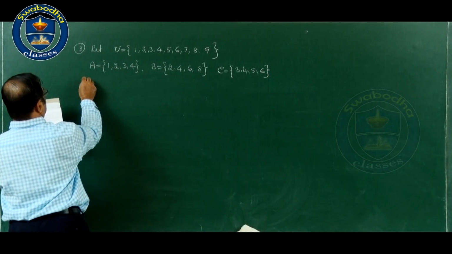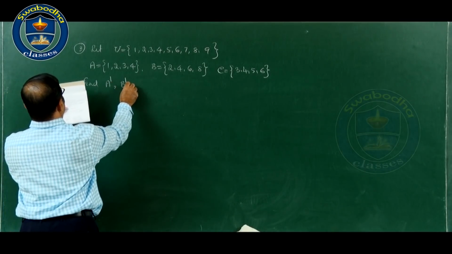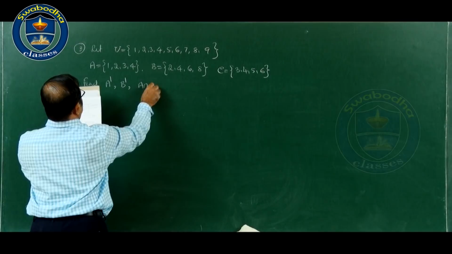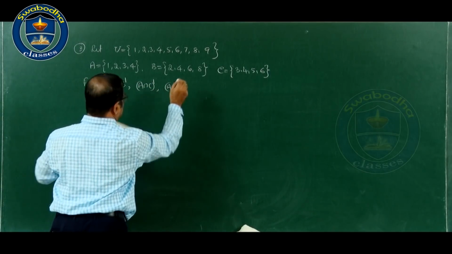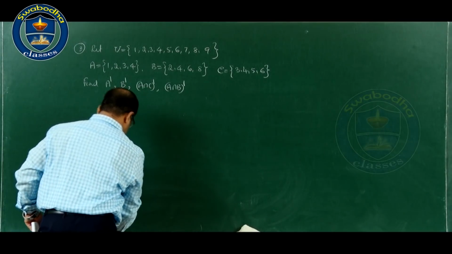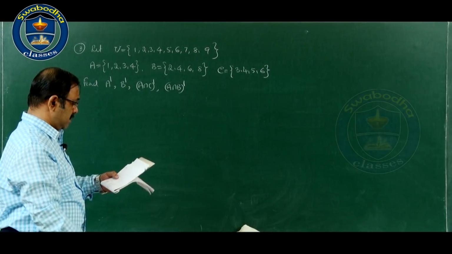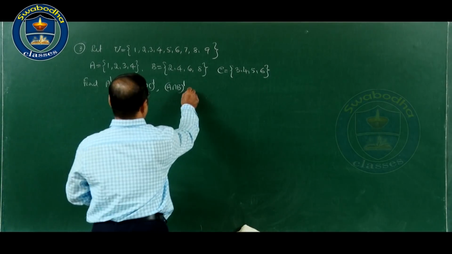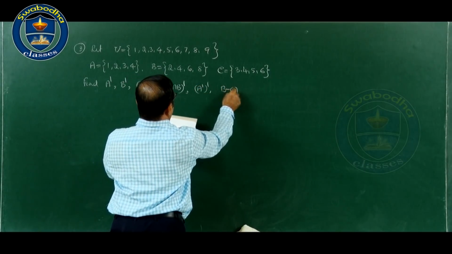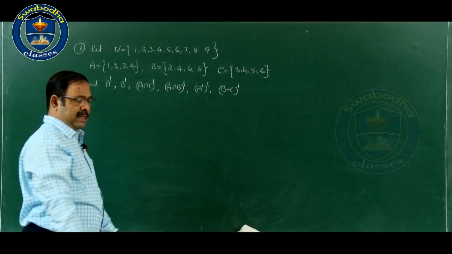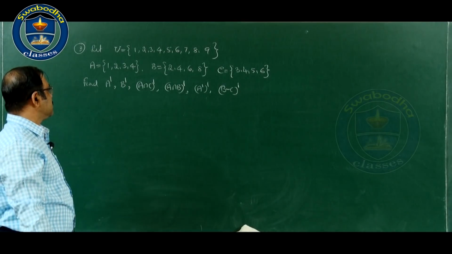Find A complement, B complement, A intersection C complement, A intersection B complement, and A complement, B minus C complement. So find out all these.